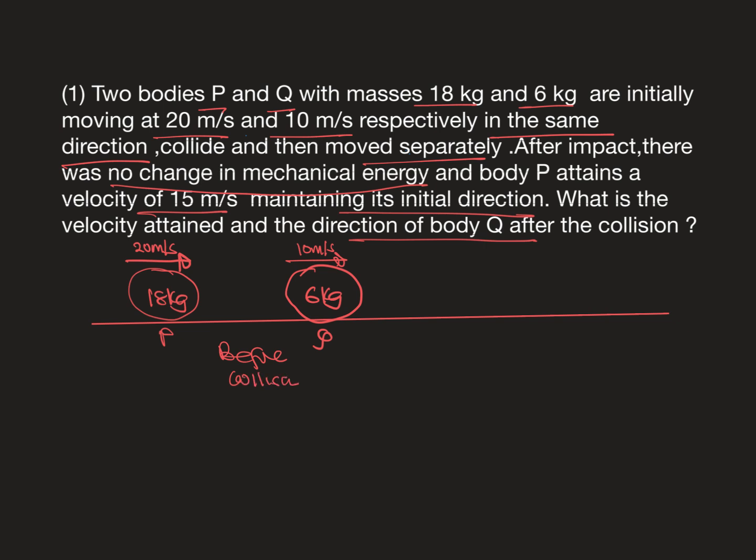So after collision, the two bodies move separately. That is what we have understood. After collision, we have the 18 kilogram mass that moves with a velocity of 15 meters per second.